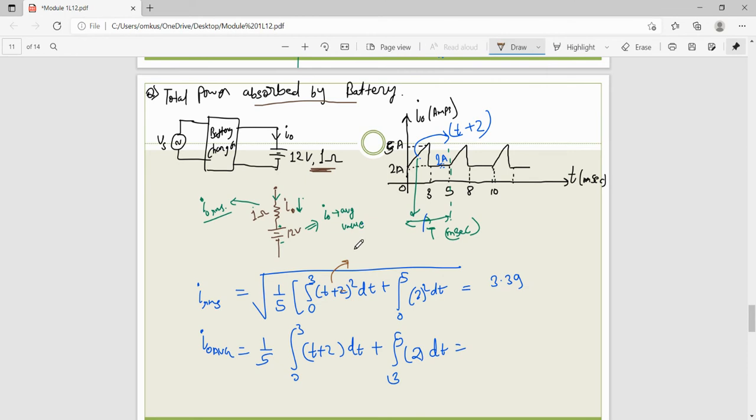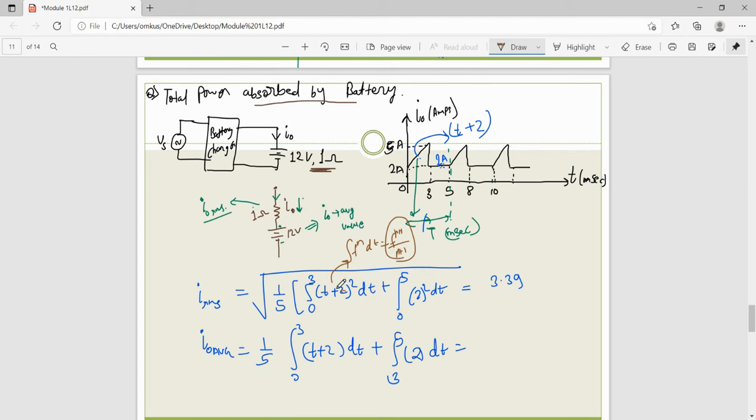And how to take it? The integration of a function of x to the power n dt is equal to the function of x to the power n+1 divided by n+1, right? In such a way you need to integrate it. That does not affect the property of your current.